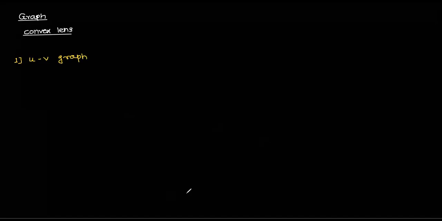These graphs are coming same like mirror, which we have already learned. If suppose I am taking U on x-axis and V on y-axis, then in this case the graph will come like this.